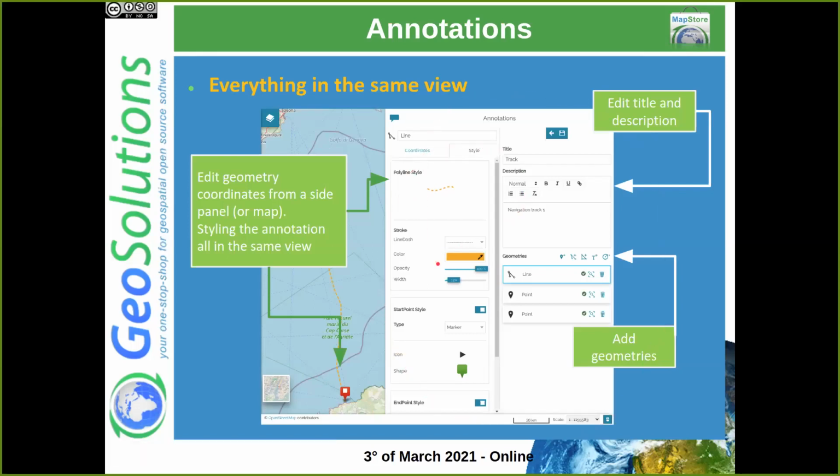So this speeds up the editing a lot and simplifies the work. Also, you can add multiple geometries, edit title and description, edit geometry coordinates by hand or by clicking on the map, and style with many options, with markers or colors or line styles depending on the type of the geometry.